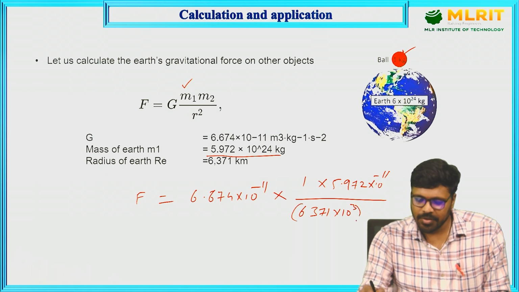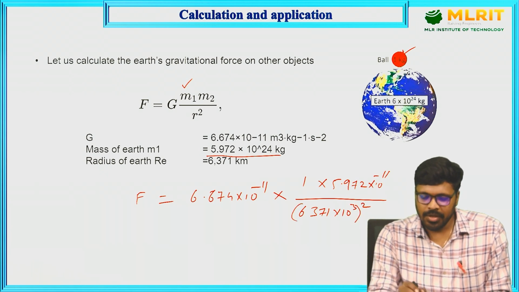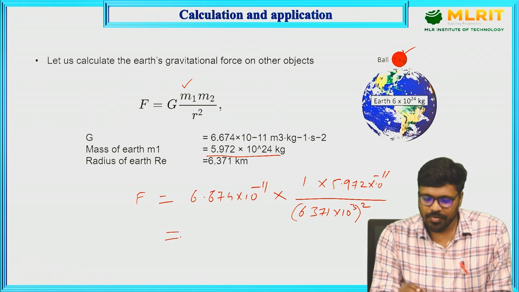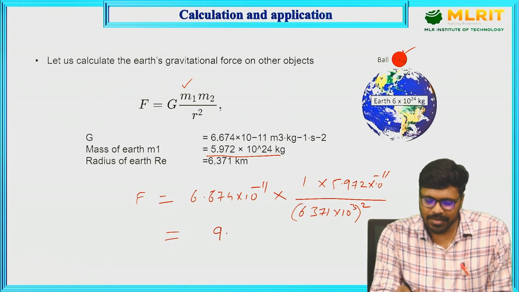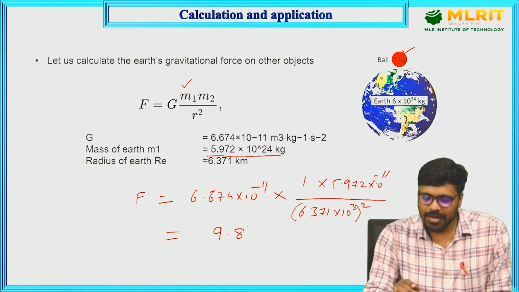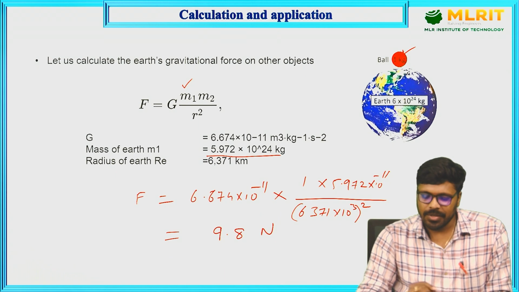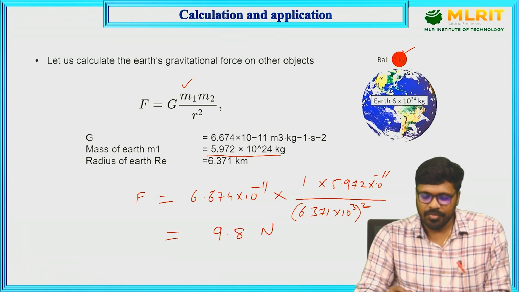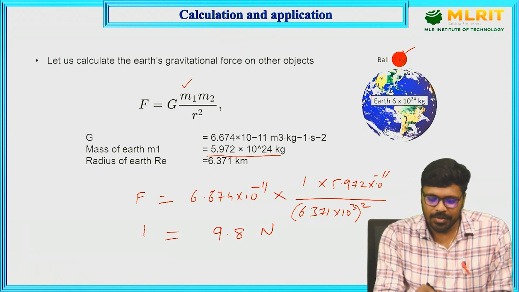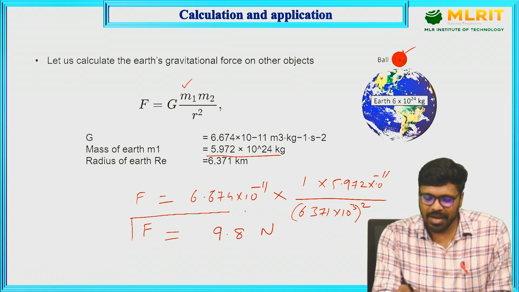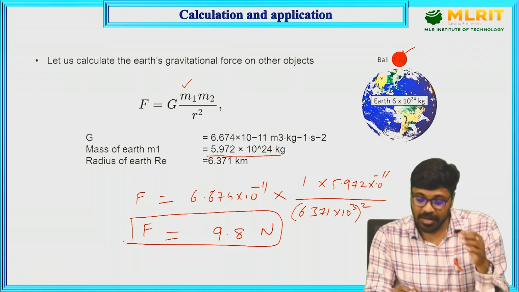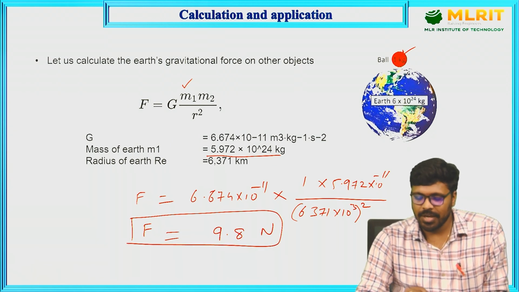We convert this into meters, whole square. So if you do this, you will get 9.8 Newton. So this is the earth's gravitational force, that is 9.8 Newton.